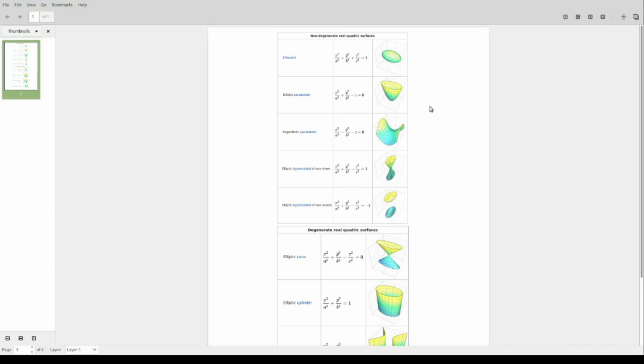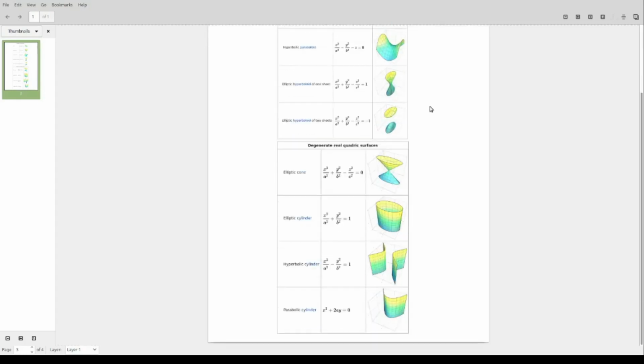And this is a kind of a summary sheet that I'll post and you can use. It'll also be in your multivariable calculus book, and you can use it to help you identify quadric surfaces. And we've already seen that this is a very useful tool for visualizing how a function is behaving.